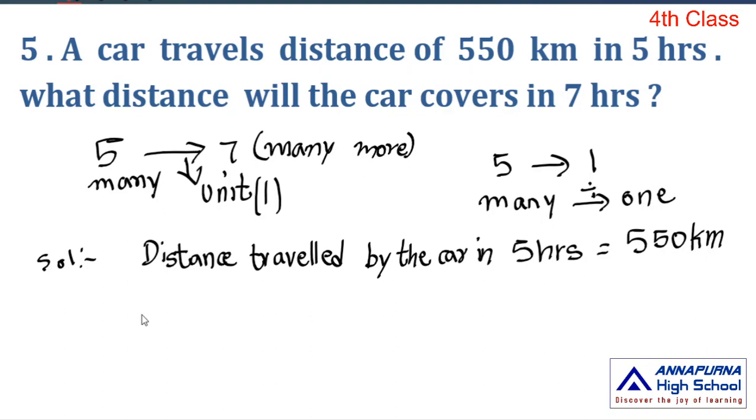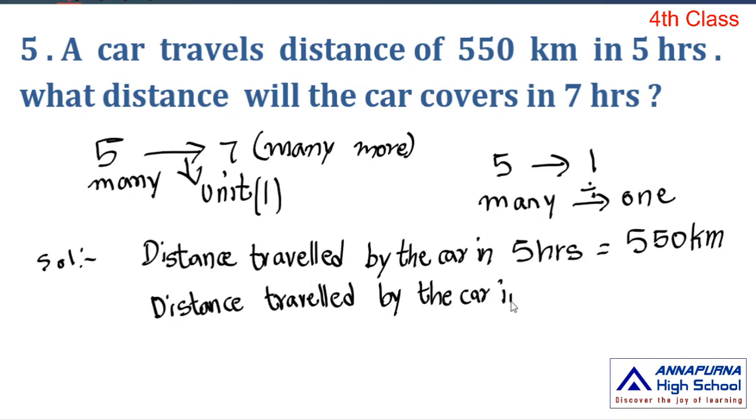And first what you have to find out is the distance traveled by the car in 1 hour. So first what we have to do? Many to 1. So by division, 550 divided by 5.